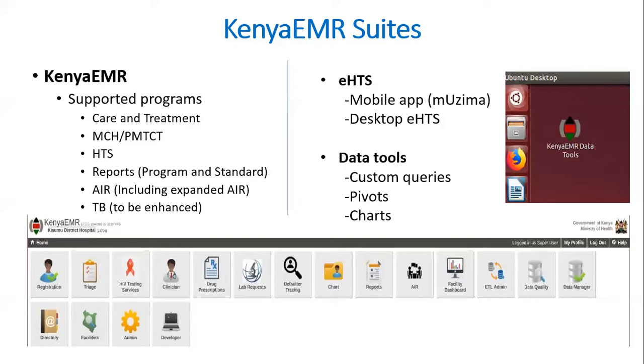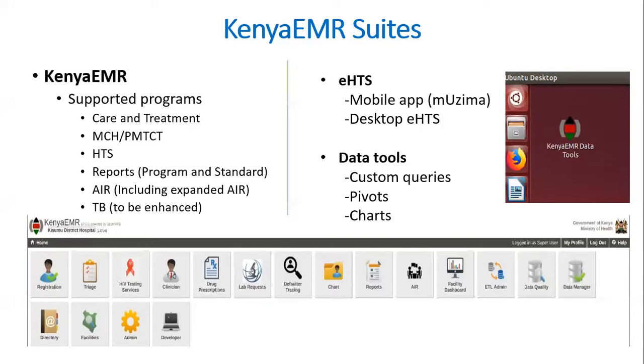If you look at the bottom of your screen, you will see additional functionalities that are included in the new version of KenyaEMR. You have HIV testing services below your screen. You will see full drug orders. You will see lab request, which is part of the full orders. We now have the filter tracing tab, and also automated indicator reporting tab.